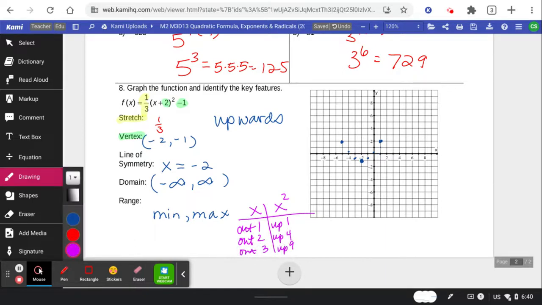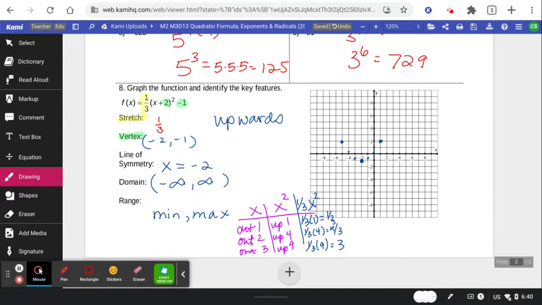But we don't want to go up the normal parent stretch. We want to go up 1/3 of the normal parent stretch. So what is 1/3 of 1? It's just up 1/3. What's 1/3 of 4? It's up 4/3. What's 1/3 of 9? It's going to be up 3.